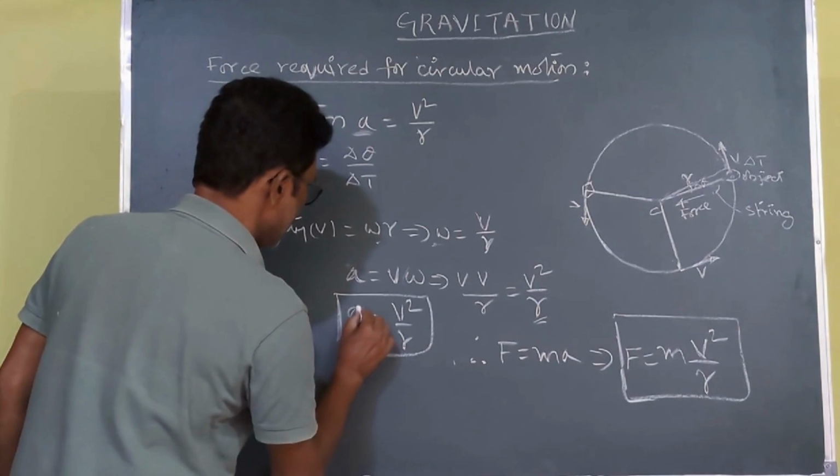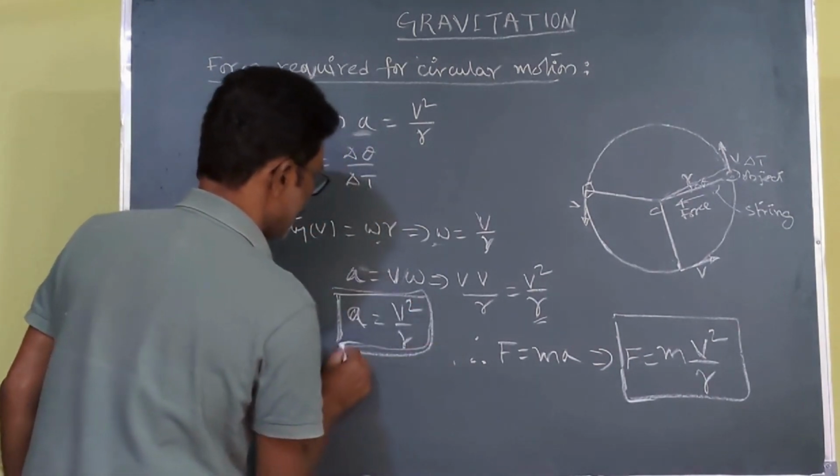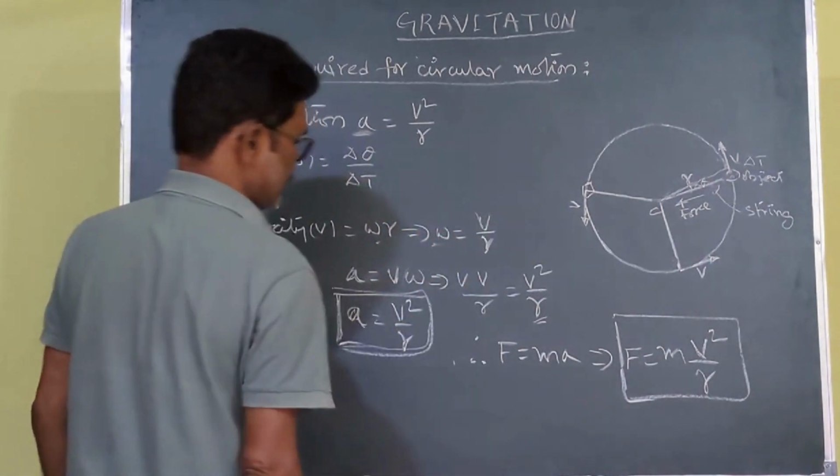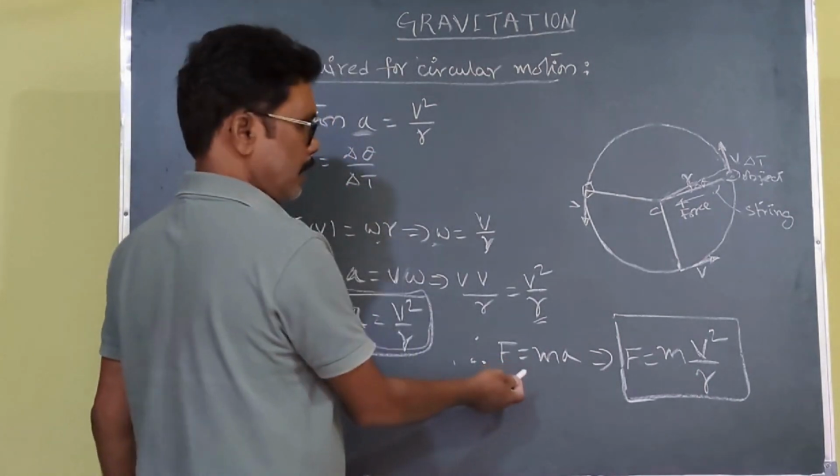Therefore a equals v square by r, the square of the velocity divided by the radius.